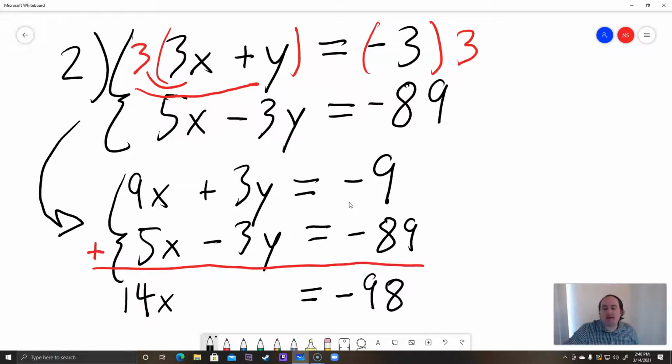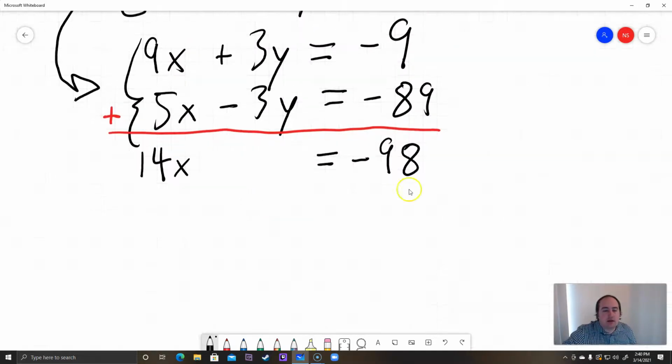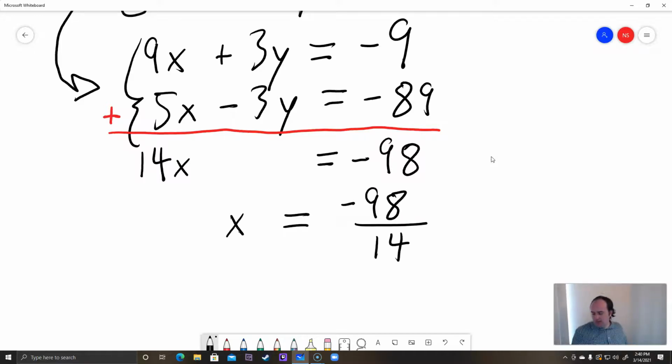All right, and then to isolate x here, we have to solve this equation. So we have to divide both sides by 14. So we get x equals negative 98 divided by 14. Now, unfortunately, those are some bigger numbers than what we're used to.